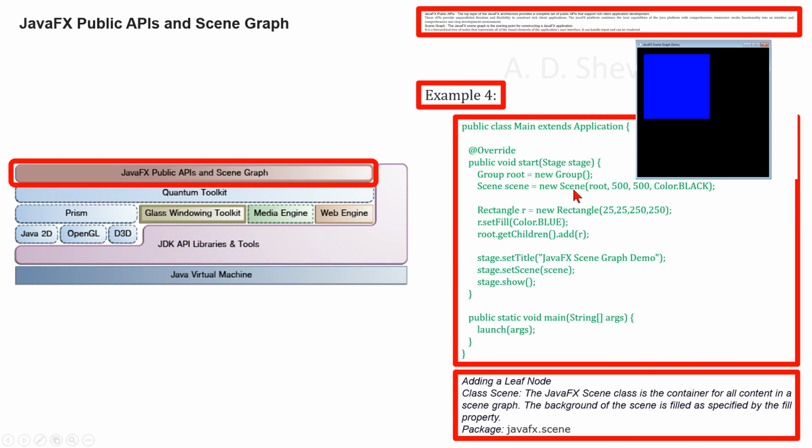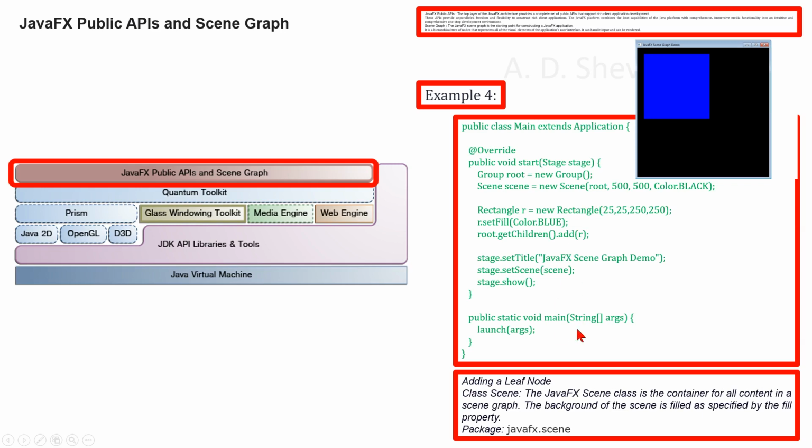Class Scene: the JavaFX Scene class is the container for all the content in a scene graph. The background of the scene is filled as specified by the fill property. The class Scene is in the javafx.scene package.